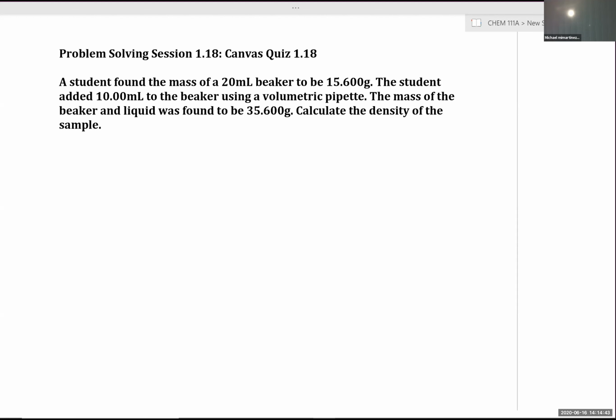Any questions? We have a fair number of responses via the chat and the Canvas quiz feature. So let's discuss the following problem.